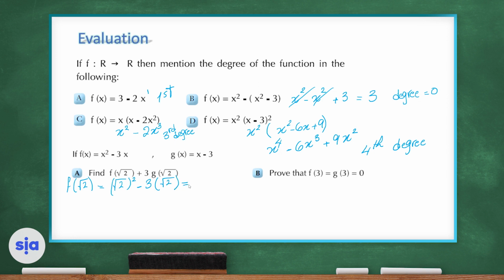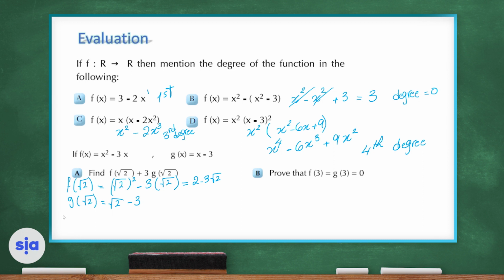So what you will get here is 2 minus 3 square root of 2. To find the g of square root of 2, it's square root of 2 minus 3.